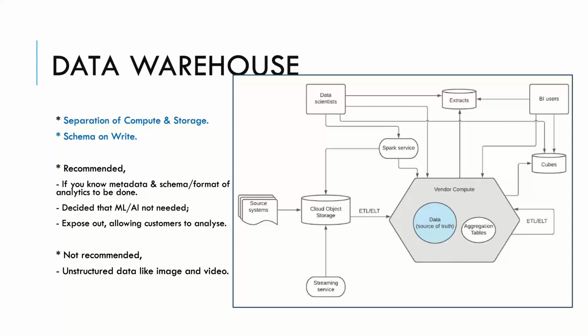So the number of columns in a table will not change frequently. If things are like that, then we can go for a data warehouse. Similarly, if you decide that you're not going to play with ML or artificial intelligence algorithms so much at the starting point, then you can definitely go for a data warehouse.